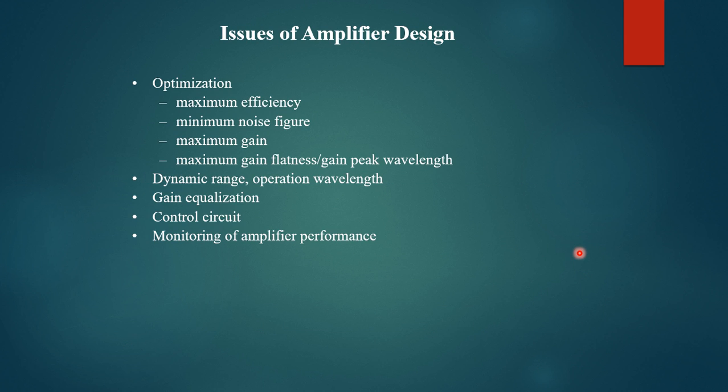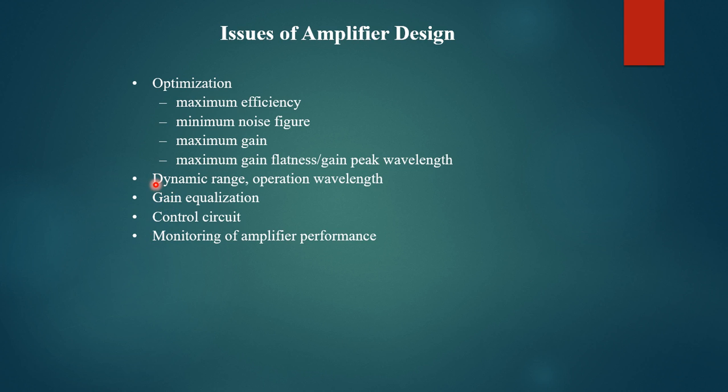The main issue of amplifier design is optimization. We can optimize the amplifier design by maximizing the efficiency, minimizing the noise figure, maximizing the gain, and maximizing the gain peak width.